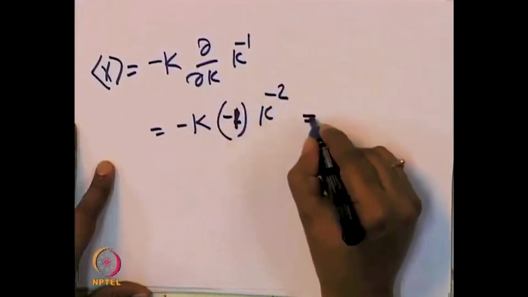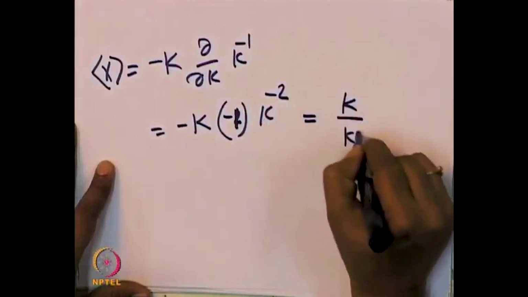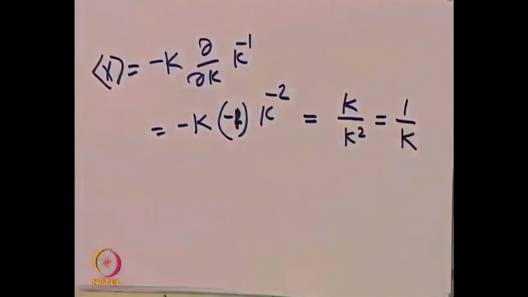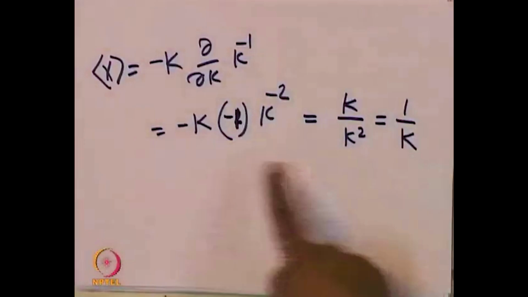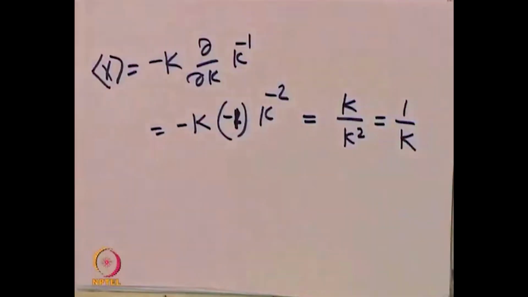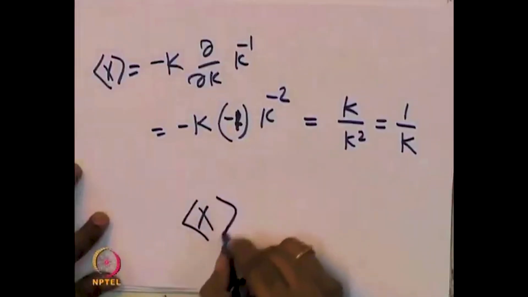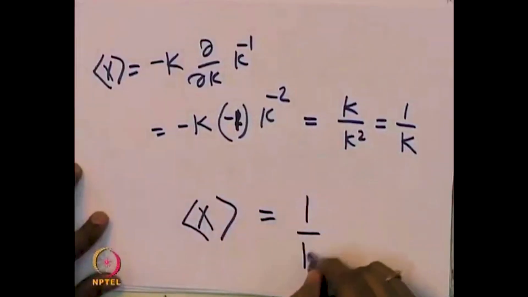So, this is k by k square. So, the answer is 1 over k. So, the x average turns out to be 1 over k. The x average for an exponential distribution is 1 over k.